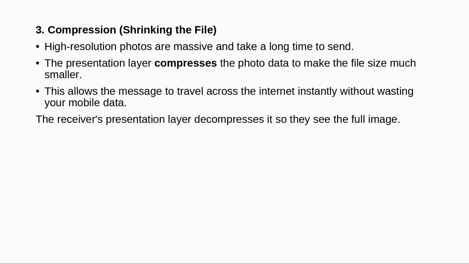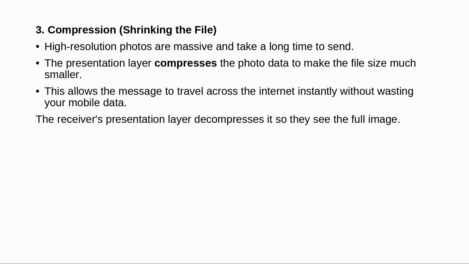Another is compression. High resolution images take a long time to send, right? The presentation layer compresses the photo data to make the file size small. This allows the message to travel across the internet instantly without wasting your mobile data or internet data.